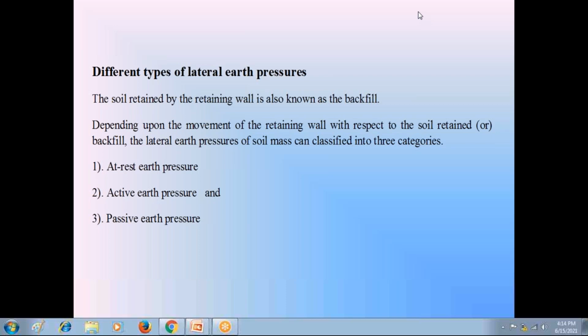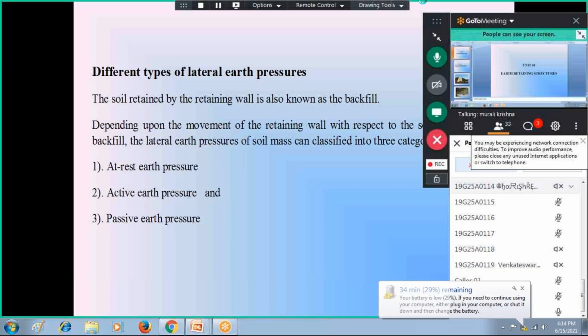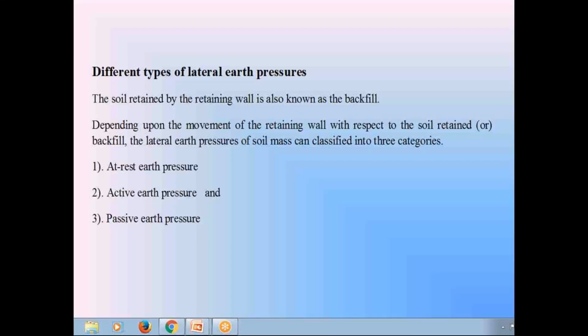Yes, sir. Any doubts about the three conditions of retaining wall? One is rest condition: the retaining wall remains in the same location.